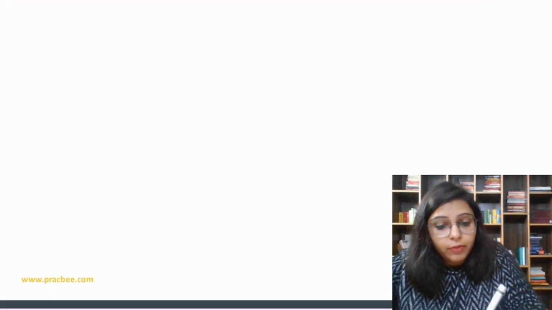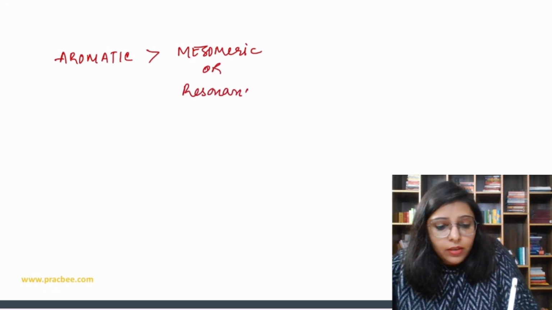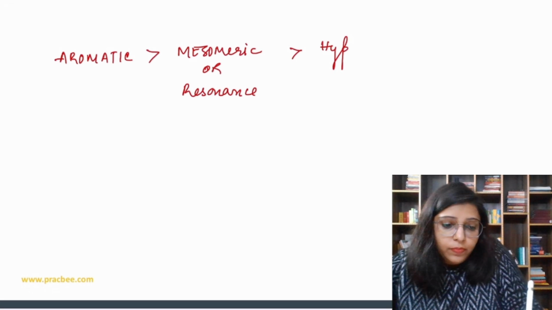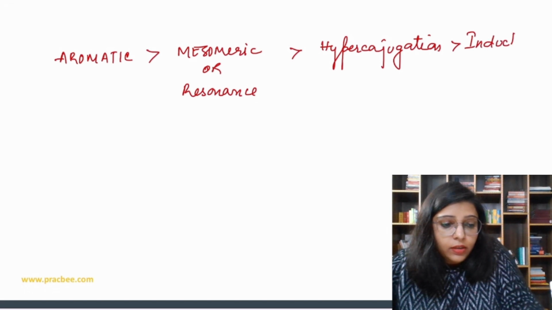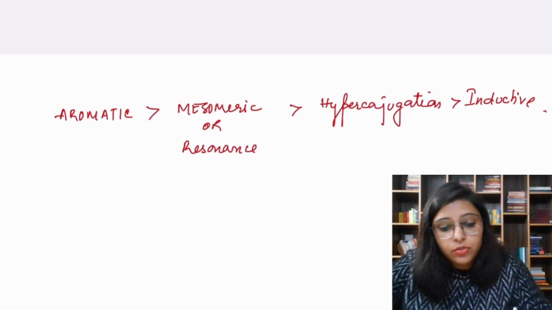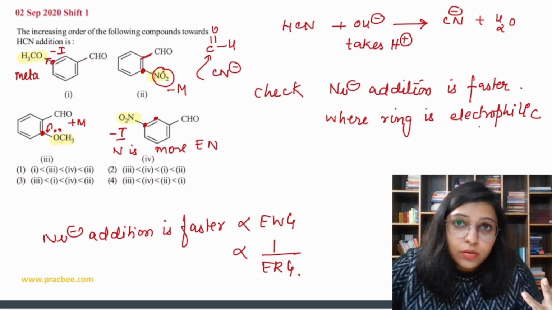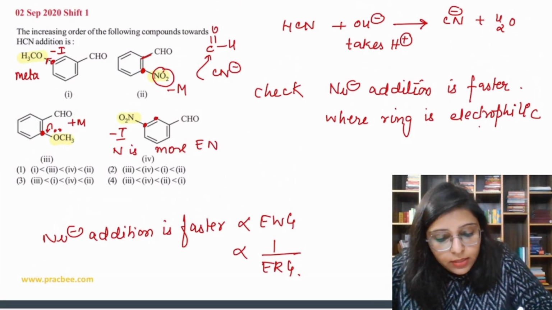The order of effects is: first aromatic effect, then mesomeric or resonance, they are the same thing, then hyperconjugation, and then the inductive effect. So minus M means it withdraws electrons more. So nucleophilic addition is faster in the second.